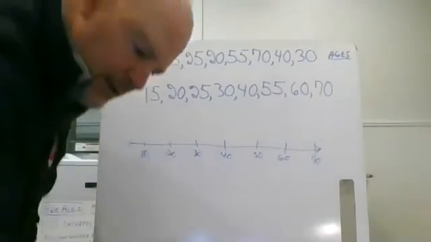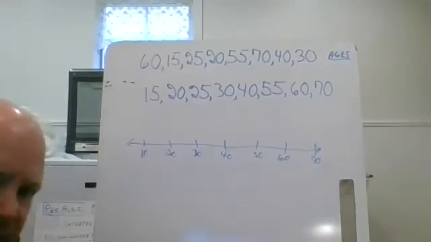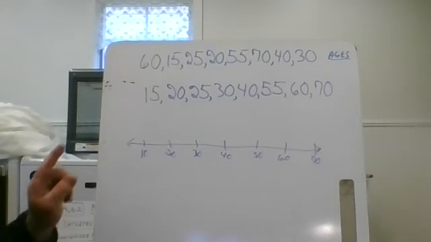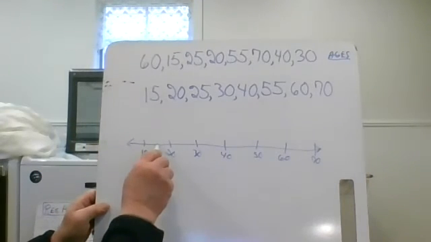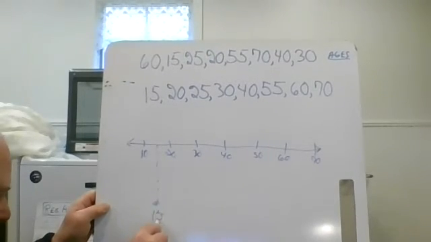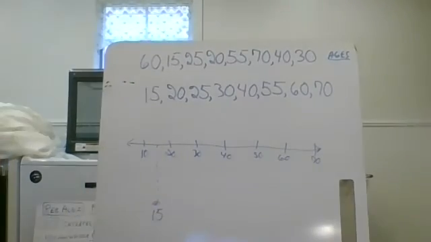All right. And now we start making the box and whisker plot. And what did we say we did first? We took the minimum value, 15, which is right here. Put a point, call it 15.